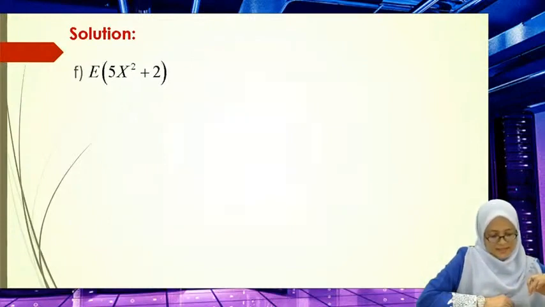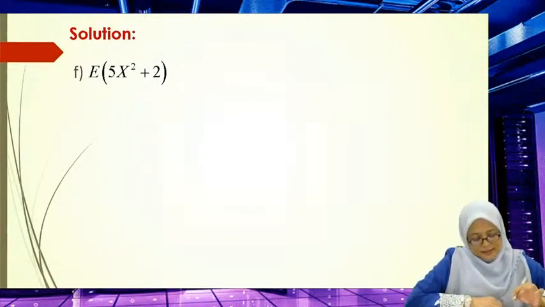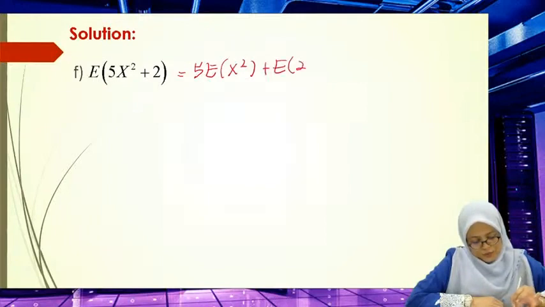Okay, so next. Okay, so ini pun kita akan apply properties based on nilai yang kita dah dapat tadi. So expectation 5X square plus 2. So ini 5 expectation X square plus expectation 2. So 5 expectation X square tadi kita dapat 6 plus 2.